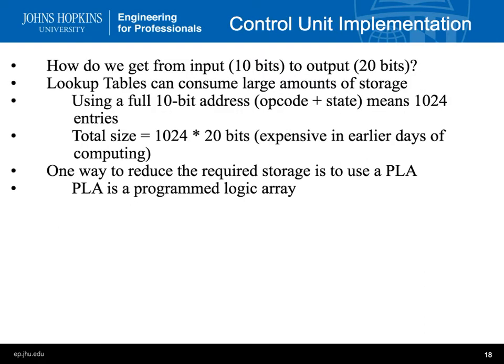So now we're going to talk briefly about how we make a control unit. So that control unit, that's just the control unit, takes the 10-bit input and turns it into a 20-bit output. So a 10-bit input is going to have a total of 2 to the 10th, or 1024 possible inputs.